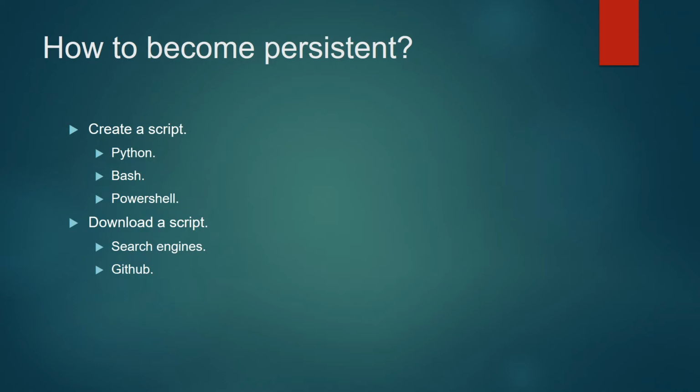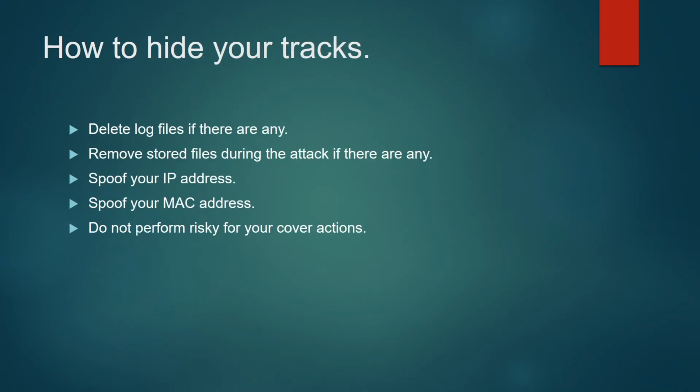You're going to see all that in future practical videos. We're going to demonstrate both of those ways, and we're going to analyze and look closely at what we can upgrade and make more efficient. Now let's talk about how you can hide your tracks.